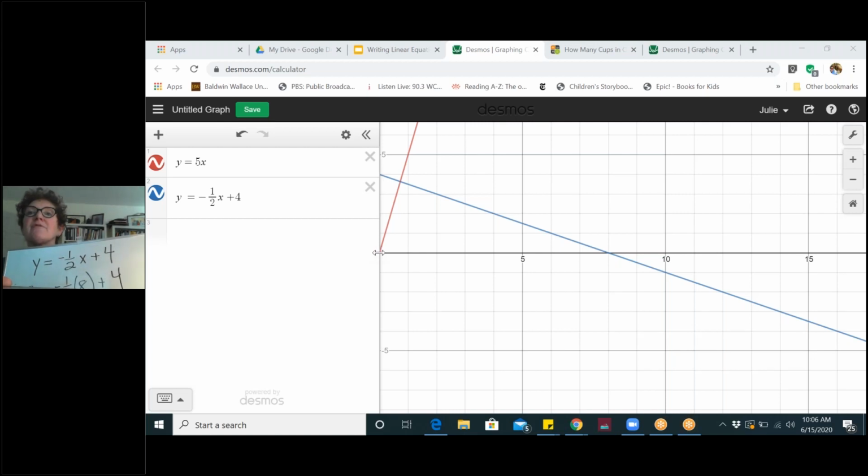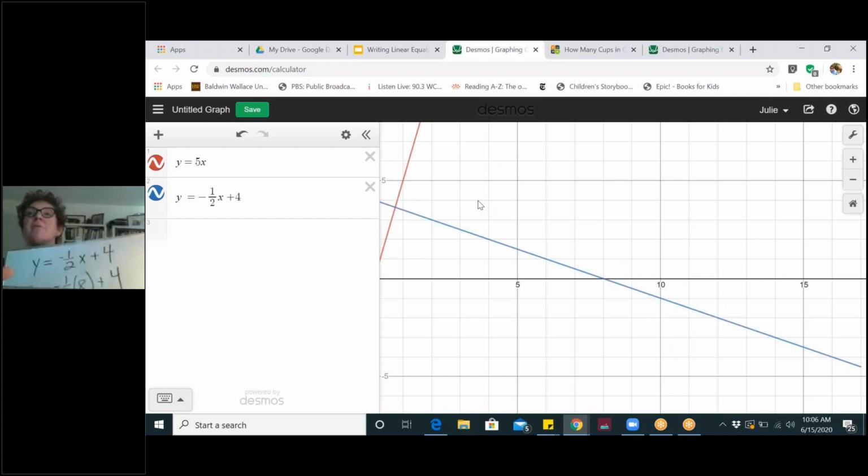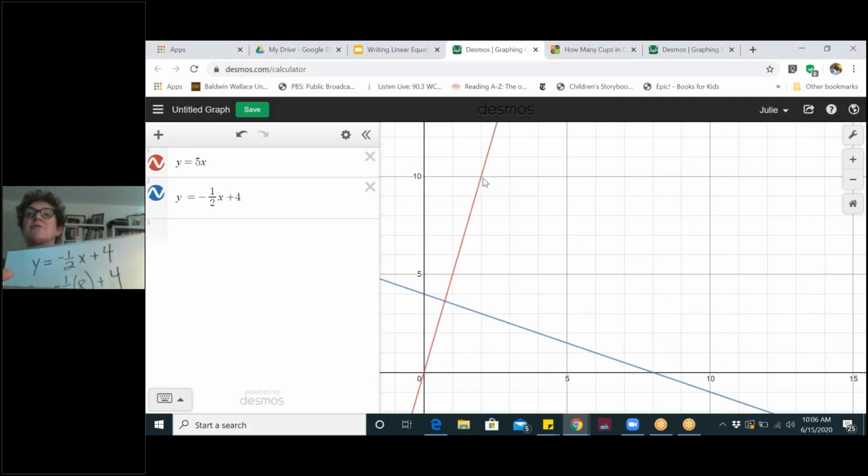At 1 hour, I would have $5. In 2 hours, I would have $10. But I could also ask, how much money would I earn in 1.25 hours or 1.5 hours?